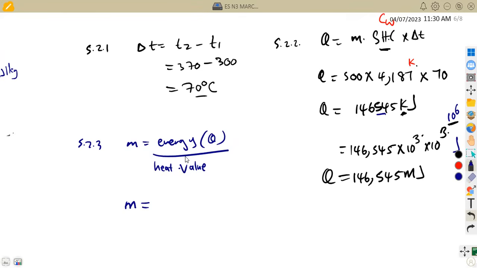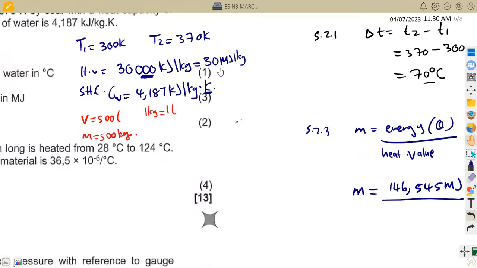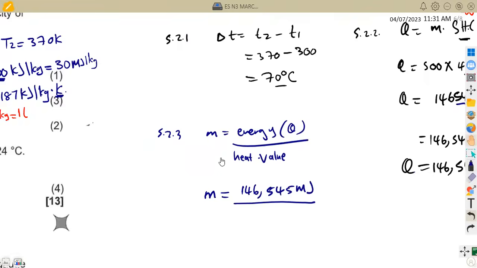So take note, because of the units, if you use kilojoules, you use your heat value in kilojoules. If you use megajoules, like here where we are asked to convert our answer to megajoules, we are going to use 146,545, which is in megajoules, divided by the heat value, which means we are supposed to use the heat value in megajoules, which is 30 megajoules per kg.